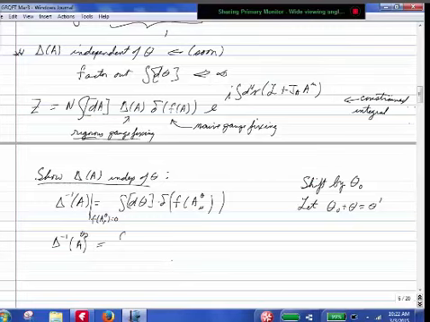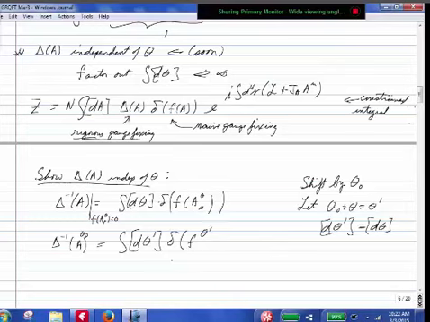It's basically that if I shift it by some theta 0, and let theta 0 plus theta equal theta prime, if I had delta minus 1 of a theta 0, where I've shifted it a little bit, equals the integral.